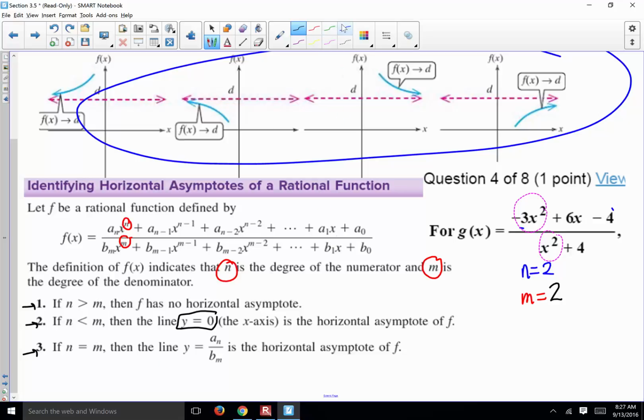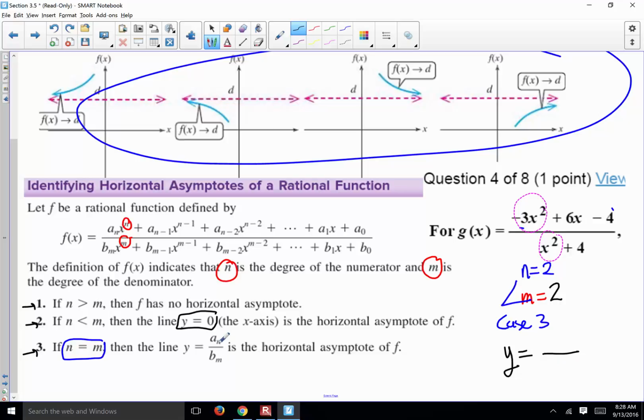And case 3 is the most interesting case. If you happen to have those two exponents the same, which is our case, right? Are they the same? So we have case 3 here. What does it say? You need to find your horizontal asymptote. It exists, but you need to compute it as a ratio of two numbers.